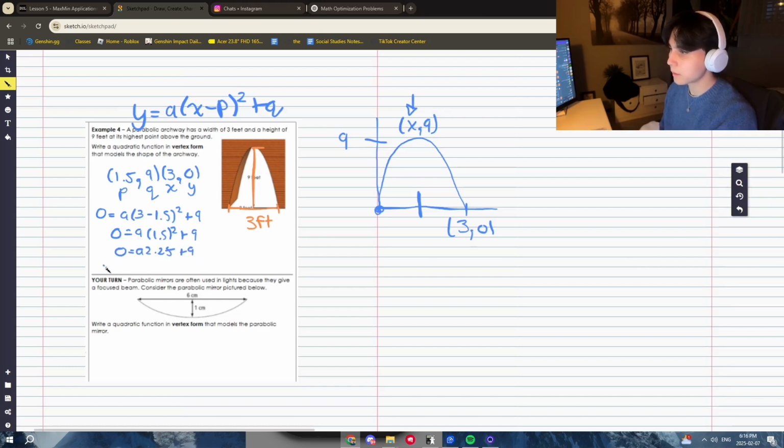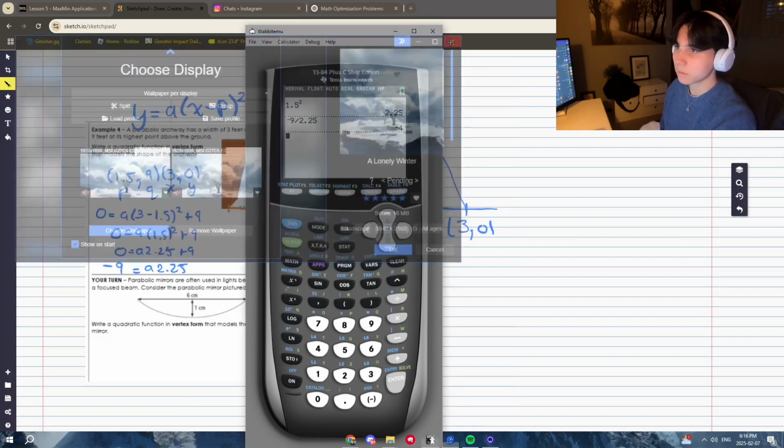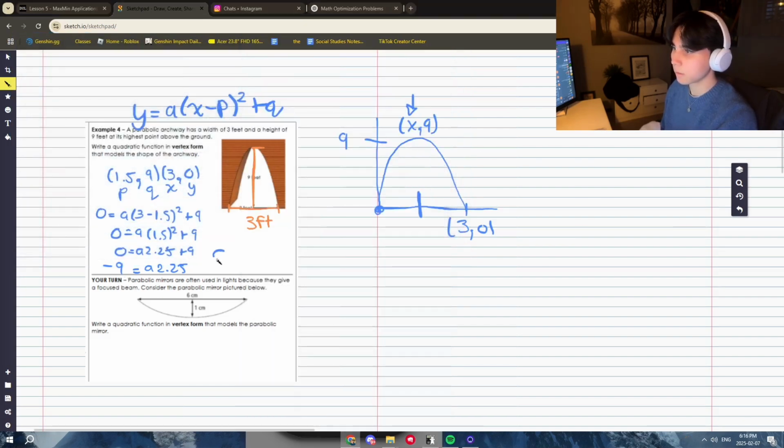Subtract 9 from both sides. You get negative 9 equals a times 2.25. And now you just divide by 2.25 on both sides. So you get negative 9 divided by 2.25, which should give you negative 4. A equals negative 4.